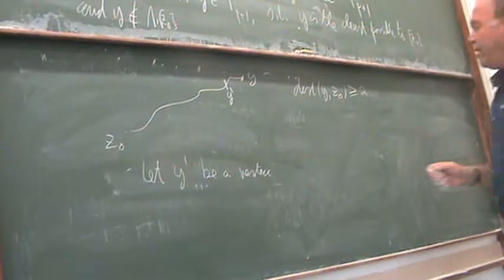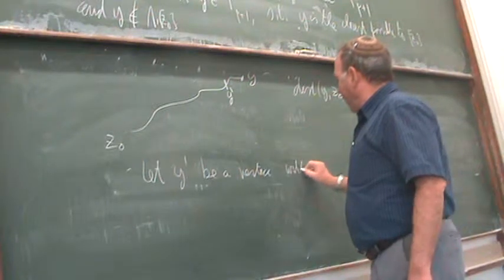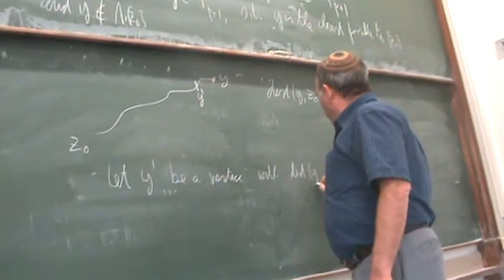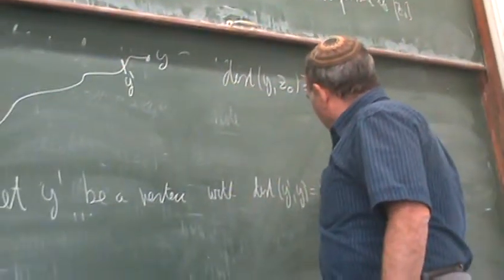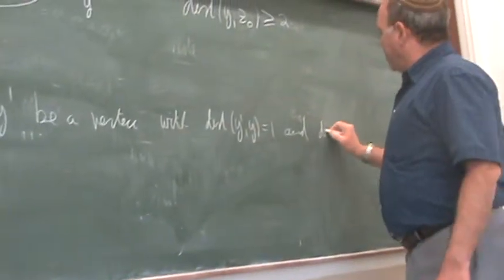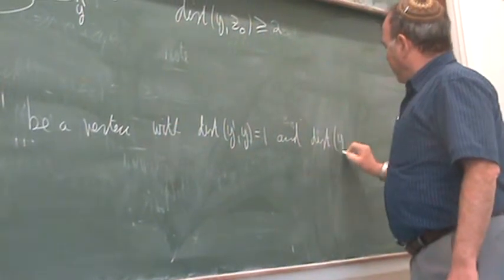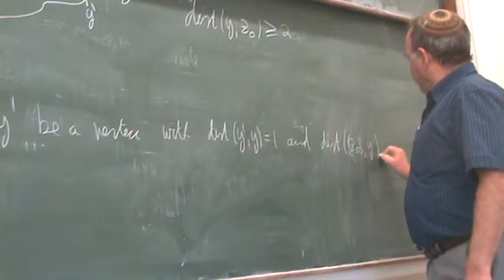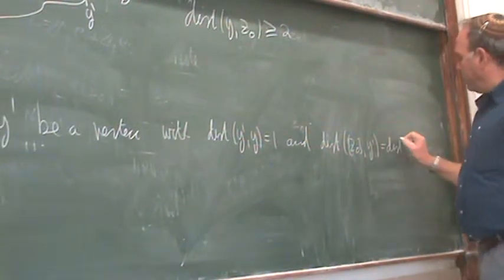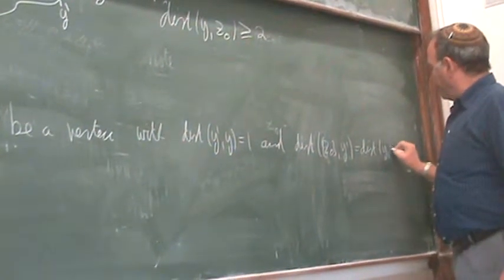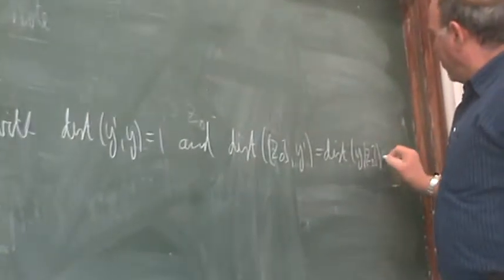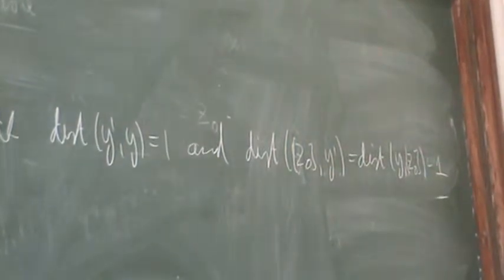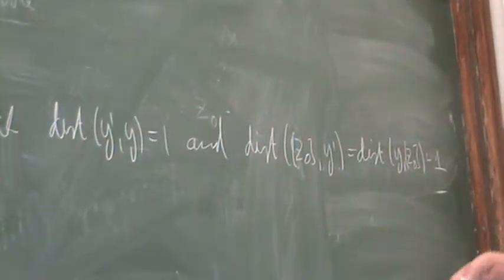So I take a vertex with distance of y prime to y equal to 1, and the distance between z naught and y prime is the distance between y and z naught minus 1. I have in the tree something which is one step closer.